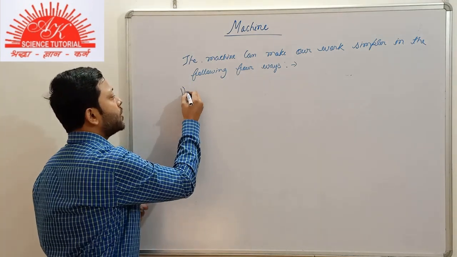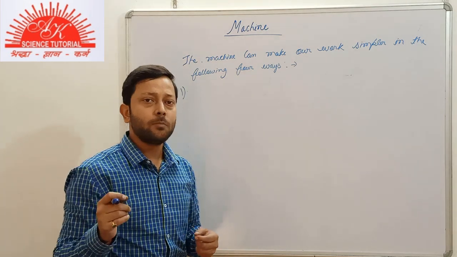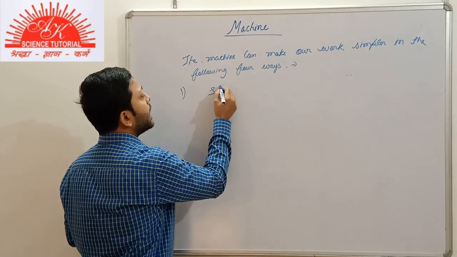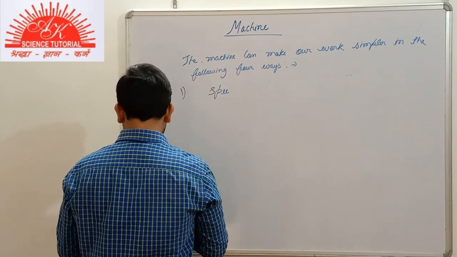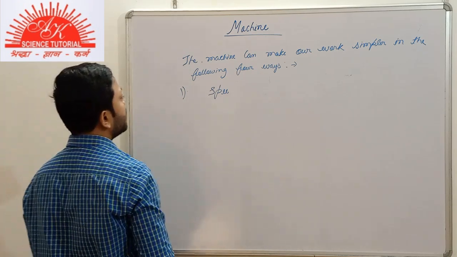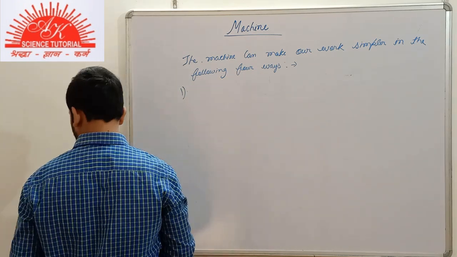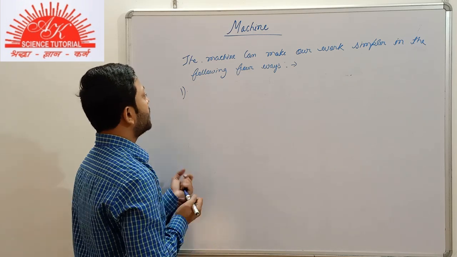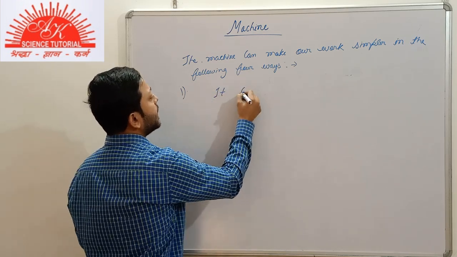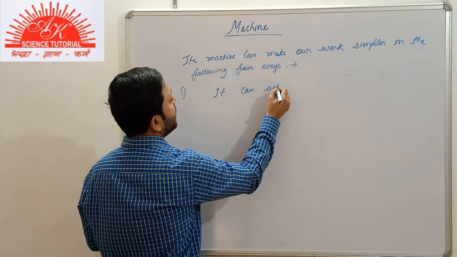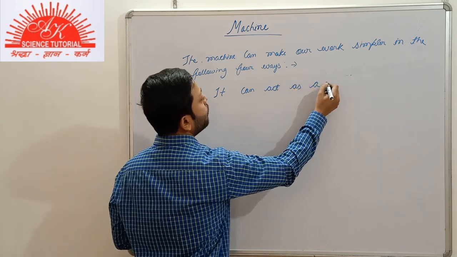The first way in which a machine can make our work simpler is that it can act as a force multiplier. Firstly, we will talk about the force multiplier, then we will move to the speed multiplier.